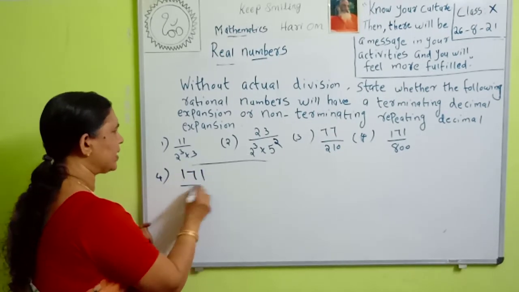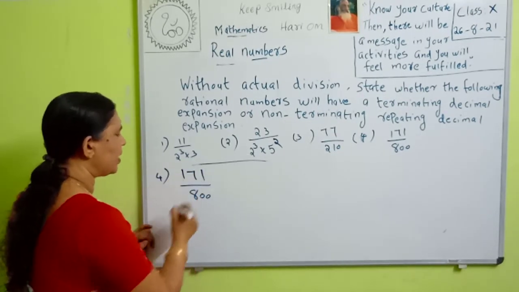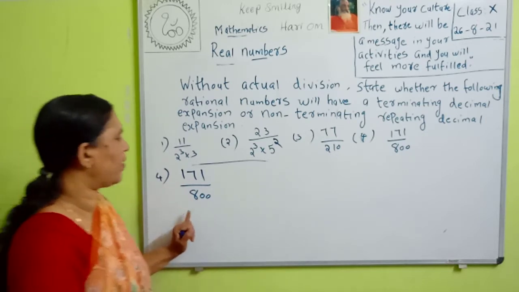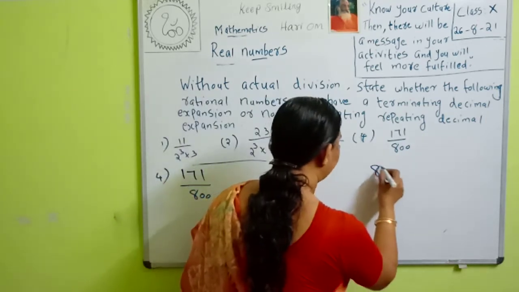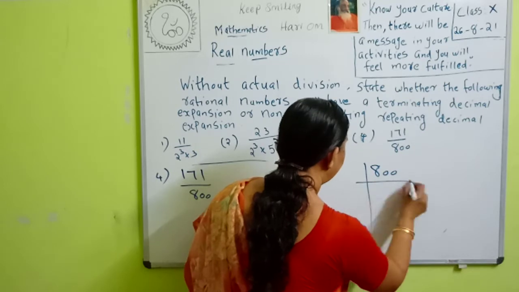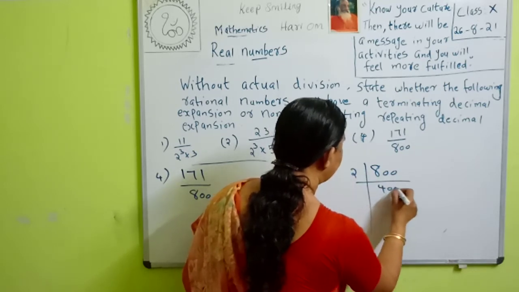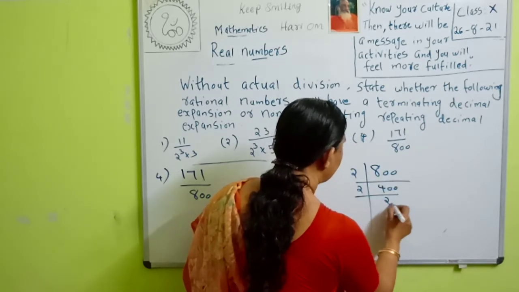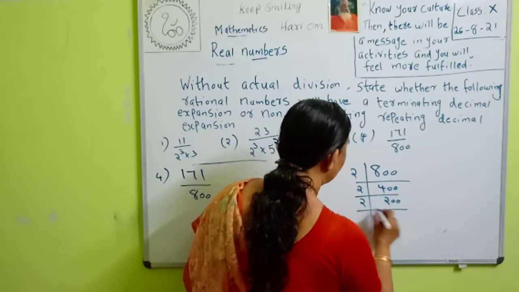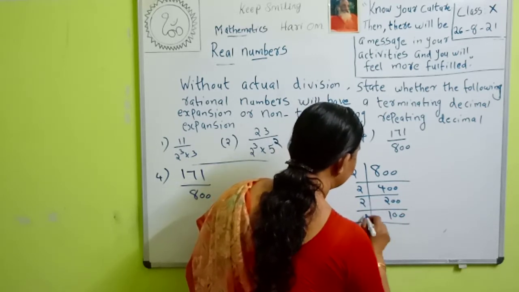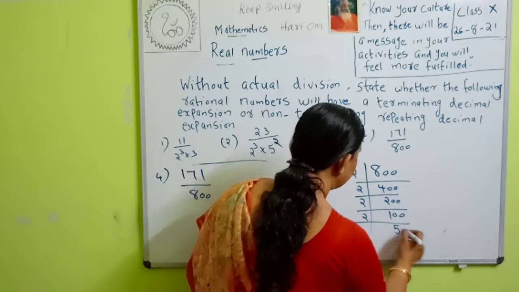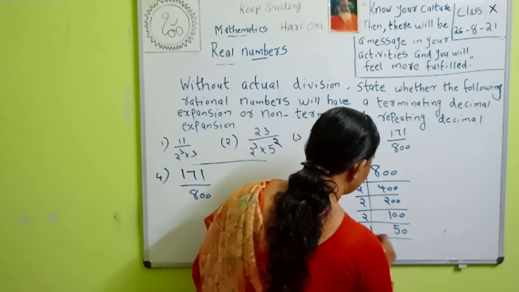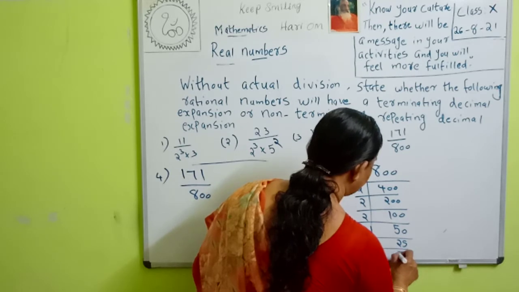Next question, 171 by 800. Here the prime factorization is not given, so first we have to factorize, prime factorization.